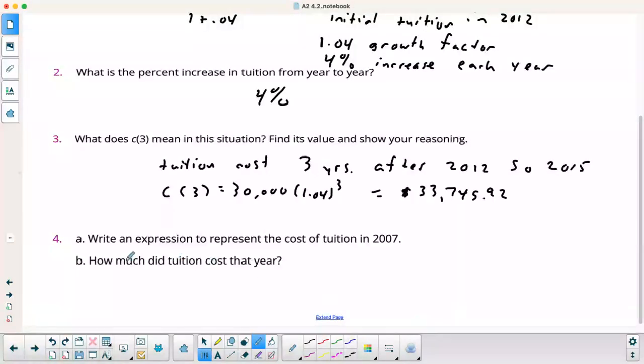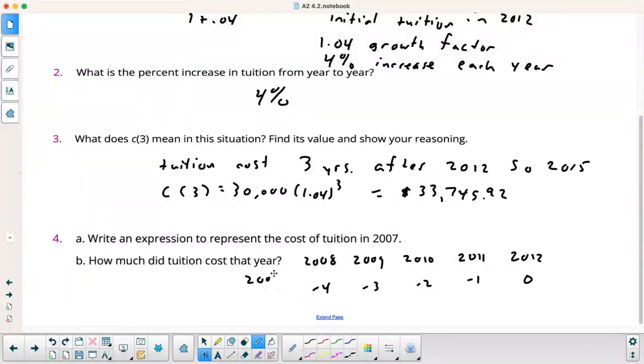Write an expression to represent the cost of tuition in 2007. So you kind of got to go back in time. So if 2012 is year 0, 2011 is -1, 2010 is -2, 2009 is -3, 2008 is -4.